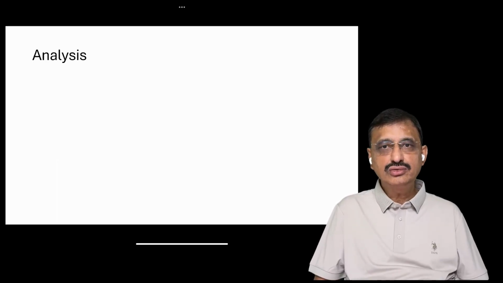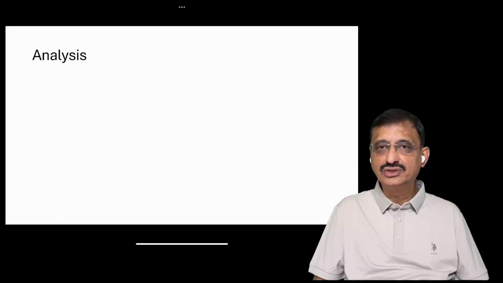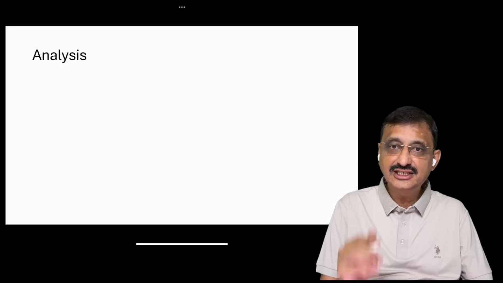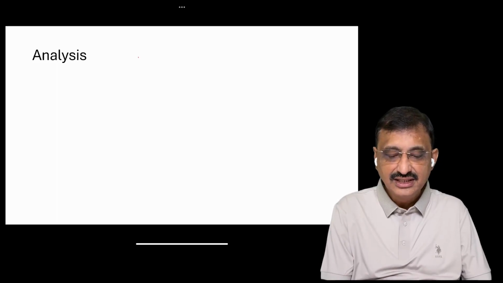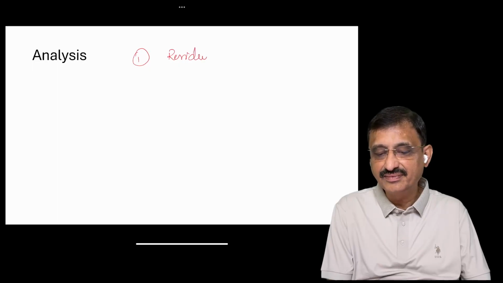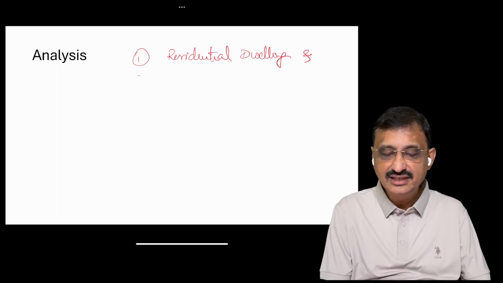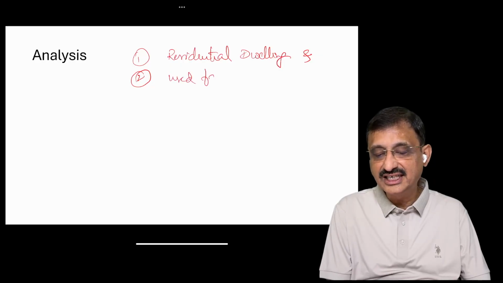Basically, in order to get an exemption on rent received, as per entry number 12 of the exemption notification for services, three conditions are to be complied with. Condition number one, it should be a residential dwelling. The second condition is it should be used for residence.